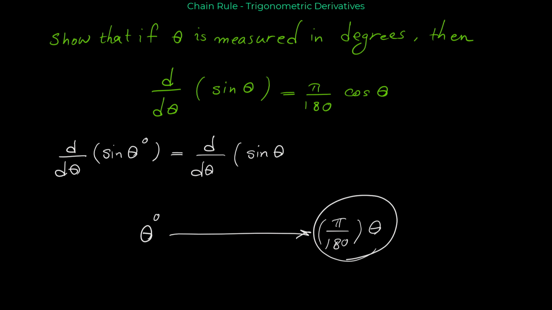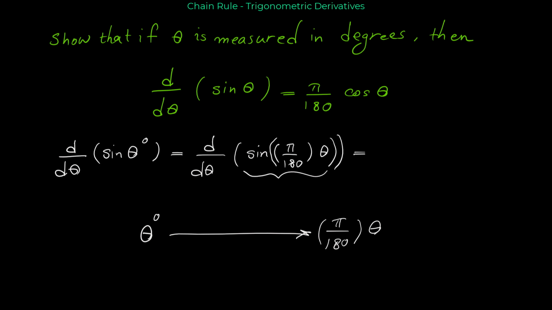So we replace theta with pi over 180 times theta, and we have sine of pi over 180 times theta. It's not a bad idea to put brackets around all of this. Now we can use the derivative rules that we know for finding the derivative of this expression, because now this angle is in radians.